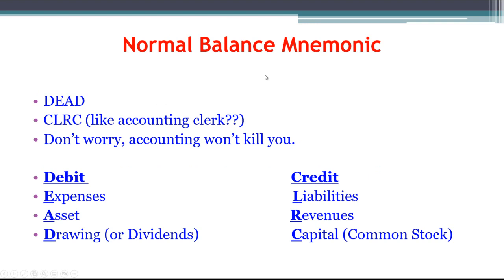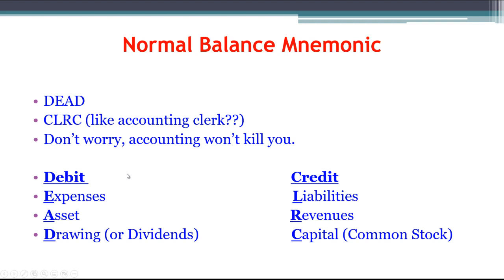Now let's talk about another way to learn the normal balance rules. This is the way I was taught way back in my first week of accounting, and it's stuck with me all these years. DEAD is actually the mnemonic I was taught, D-E-A-D. Now that tells us that the debit accounts include expenses, assets, and dividends, sometimes called drawing. So you have your 3 debit accounts out of your 6 total accounts.